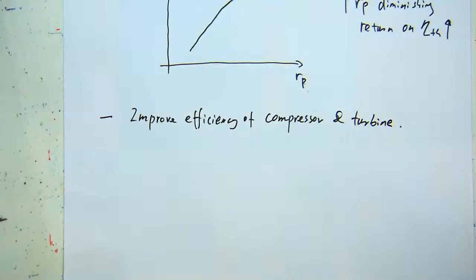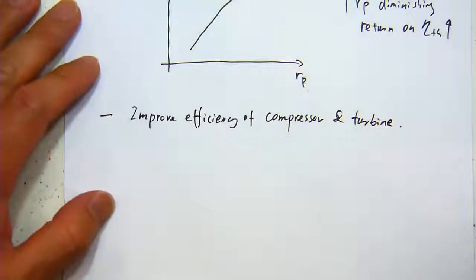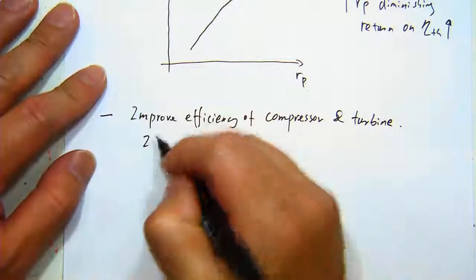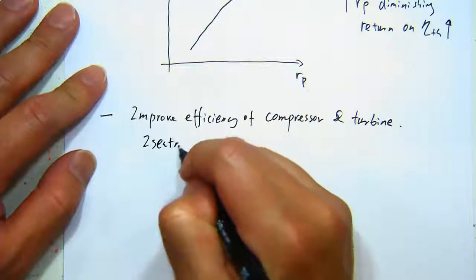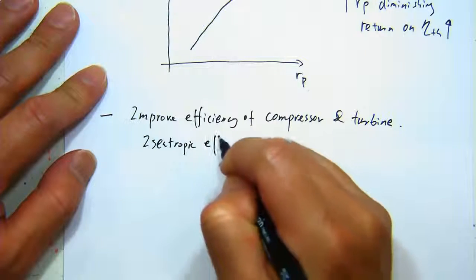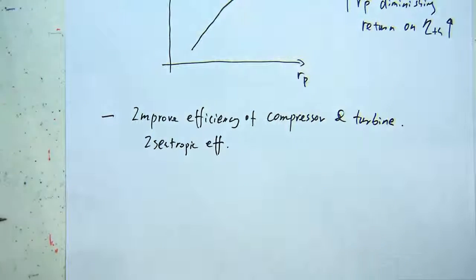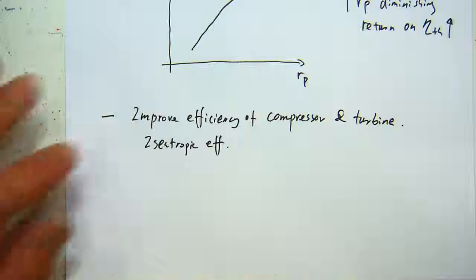So in our ideal cycle, we consider these two devices 100% efficient, but in reality, certainly they are not. And there is a definition, isentropic efficiency, that is defined for each of these devices.